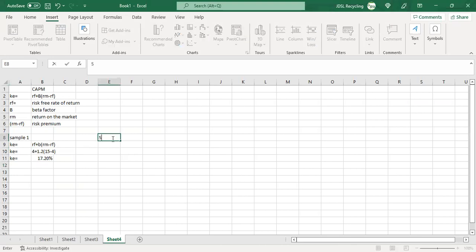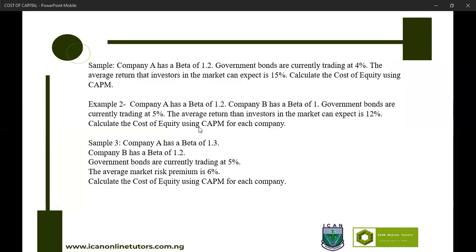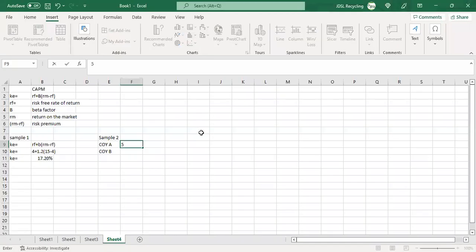Sample 2. We have company A and company B. For company A, risk-free rate of return is 5%, while return on the market is 12%. So 5 plus beta 1.2, open bracket, 12 minus 5.